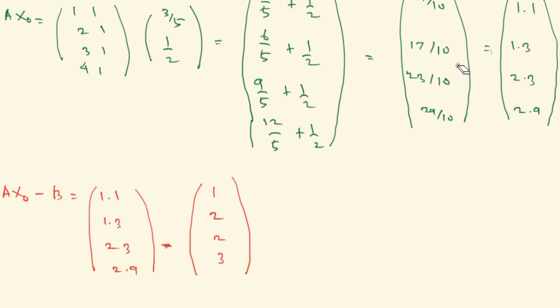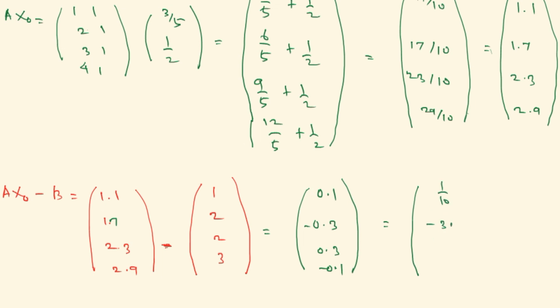So here instead of 1.3 we use 1.7, and here too we change it to 1.7. So what is the answer? 1.1 minus 1 is 0.1, then minus 0.3, 0.3, and minus 0.1. Or using fractions: 1 by 10, minus 3 by 10, 3 by 10, and minus 1 by 10.